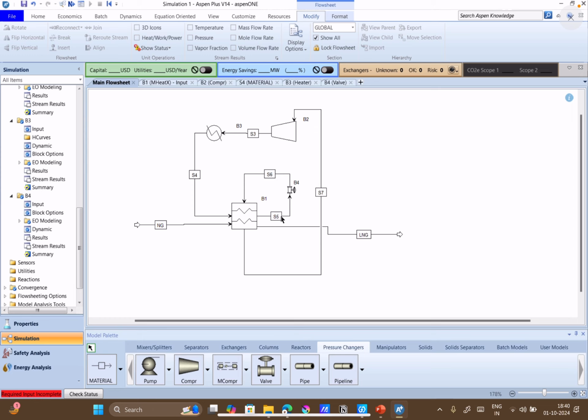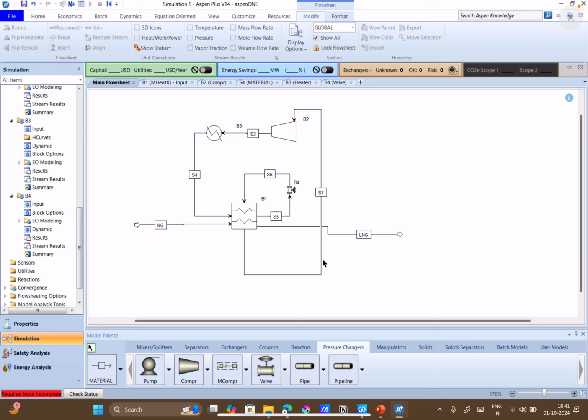Pressure drop, let's say we will assume is 0, then pressure drop is also fine. So the pressure value is known, and the composition will be the same. Valve information we have, and based on that we will get the temperature of S6. So the inlet temperature of the cold stream we don't have to worry about. Then what should be the outlet temperature of the cold stream? That will be calculated based on the heat duty of the hot side, and we will get the outlet temperature of this cold stream.